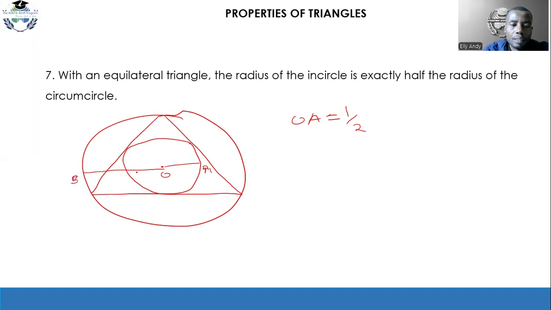So calling it OB, it will be half the radius of OB. Remember, this property only applies for equilateral triangles.